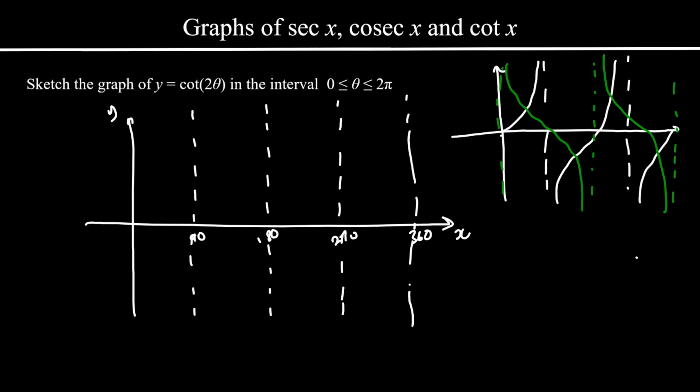So we're going to have that whole shape. Where it went through 0 at 90, it's now going to be at 45. And it's going to be repeating every 90 degrees.